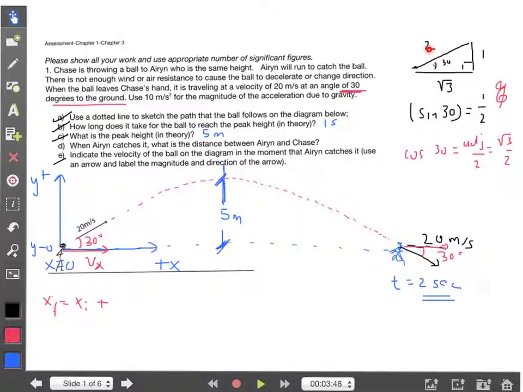So we've got here now that this Vx is equal to the square root of 3 over 2 times the 20 meters per second.